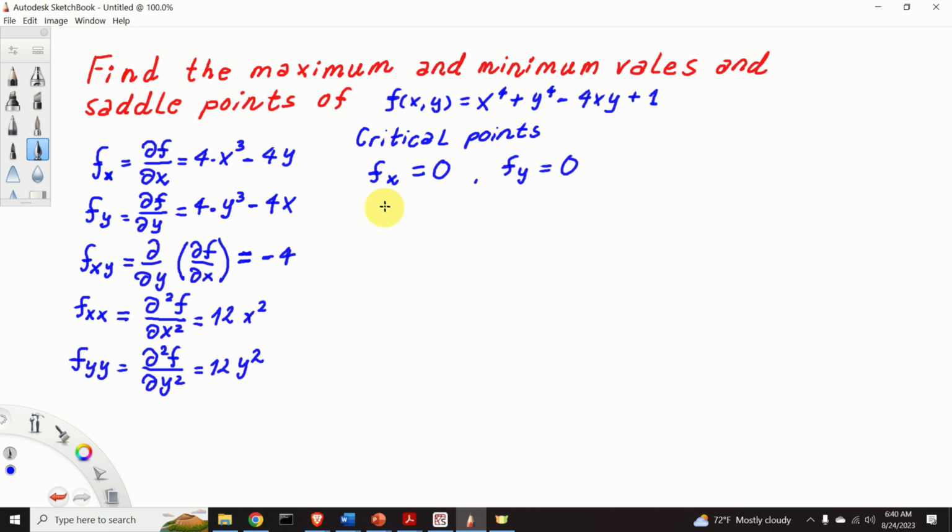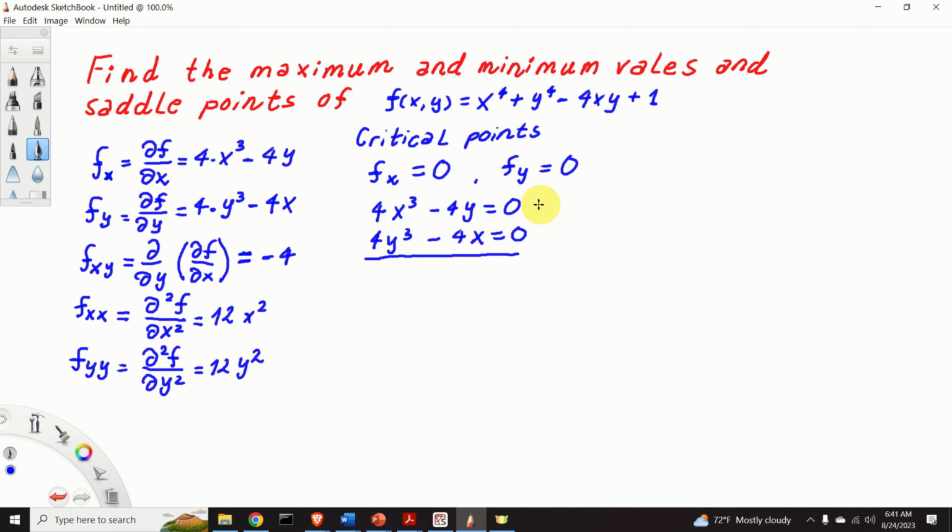Let's write this system. We have 4x to the power 3 minus 4y is equal to 0, and 4y to the power 3 minus 4x is equal to 0. We need to solve this system of two equations.